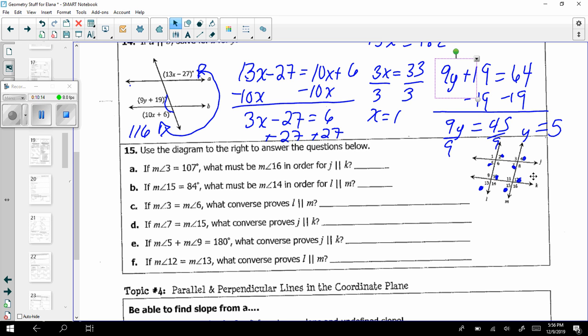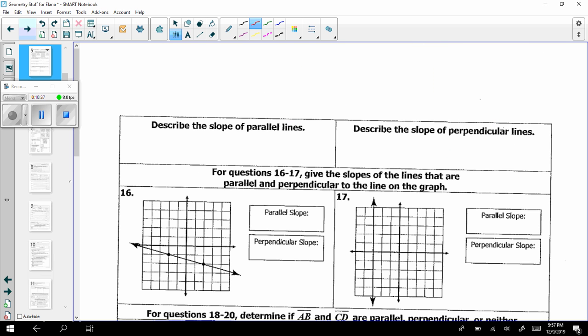So if I look right here, if angle 3 is 107, what must angle 16 be? So notice how they're the same color?